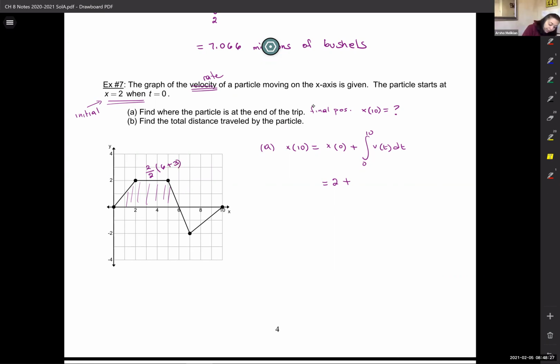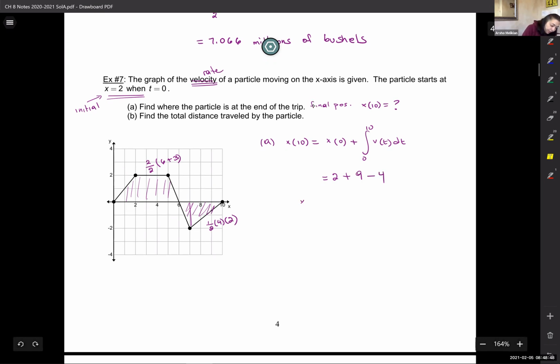Okay. Here, this is a triangle, and the height is 2, so it's 1/2 times 4 times 2. So the area then is 9 minus 4. So x of 10 is 7. Okay.